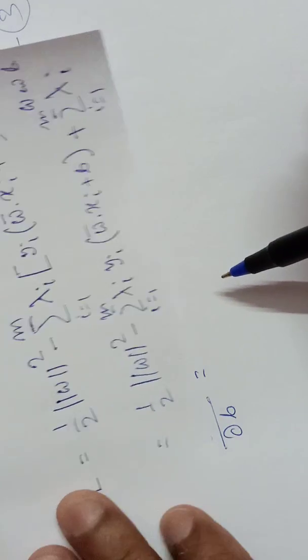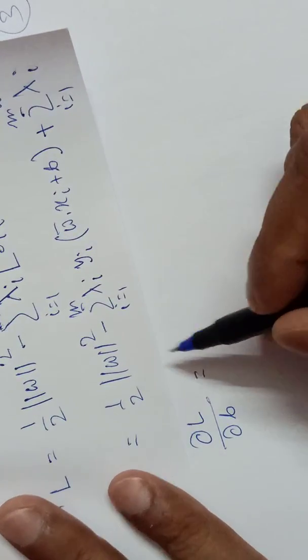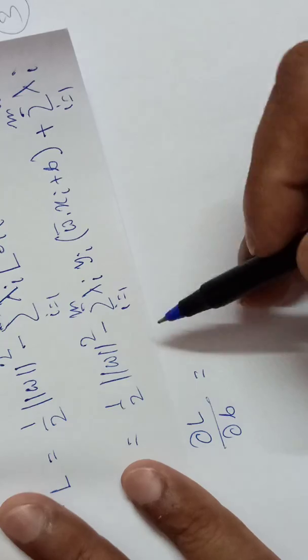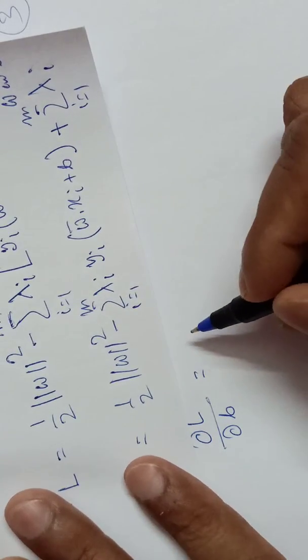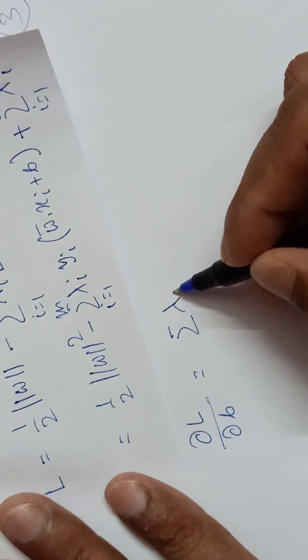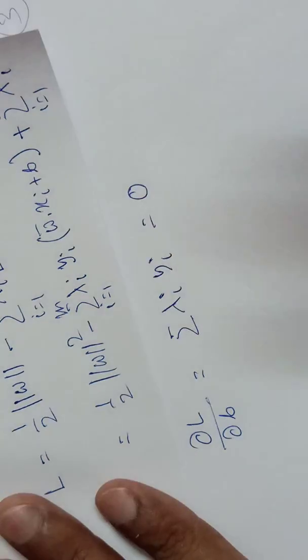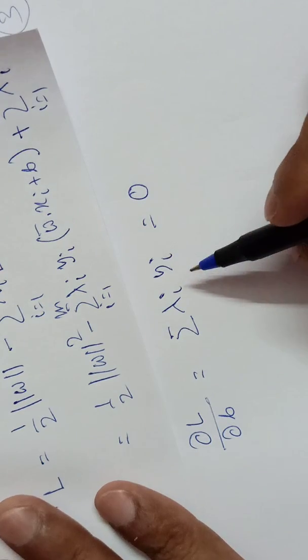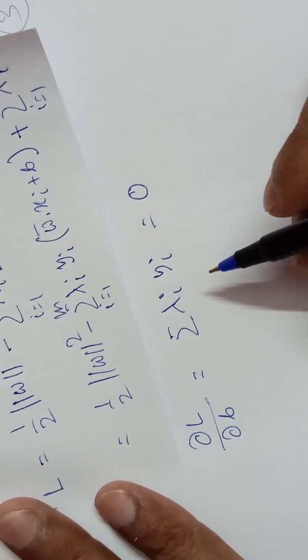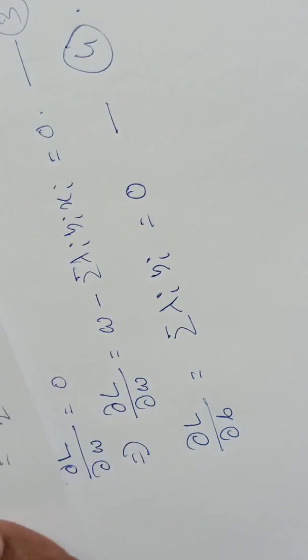Okay, the sum of lambda i yi. So obviously it will be minus, but we can say that this value is lambda i yi, which is equal to 0. So minus this is again also 0. Clear? So this is equation number 4.